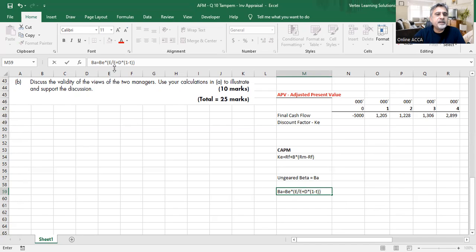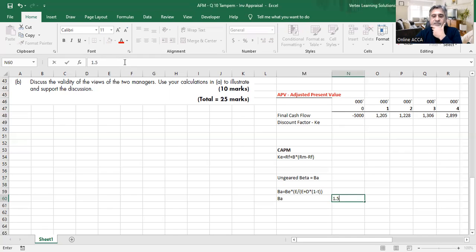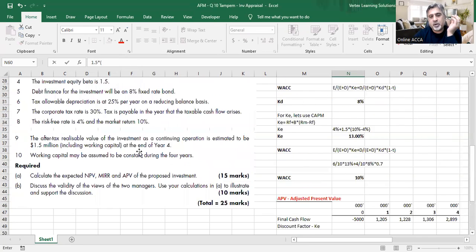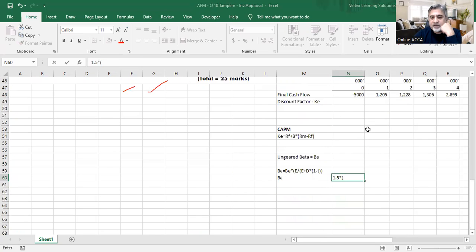I think here I need one more bracket in the formula. Yeah, I think like this. So if I start putting the values in, my asset beta would be equity beta 1.5 multiplied by, now how much is equity, how much is debt? They told you that if you do this project with debt, you are going to take 50 equity, 50 debt, which means a 1-to-1 ratio. So I will assume the number as 1.